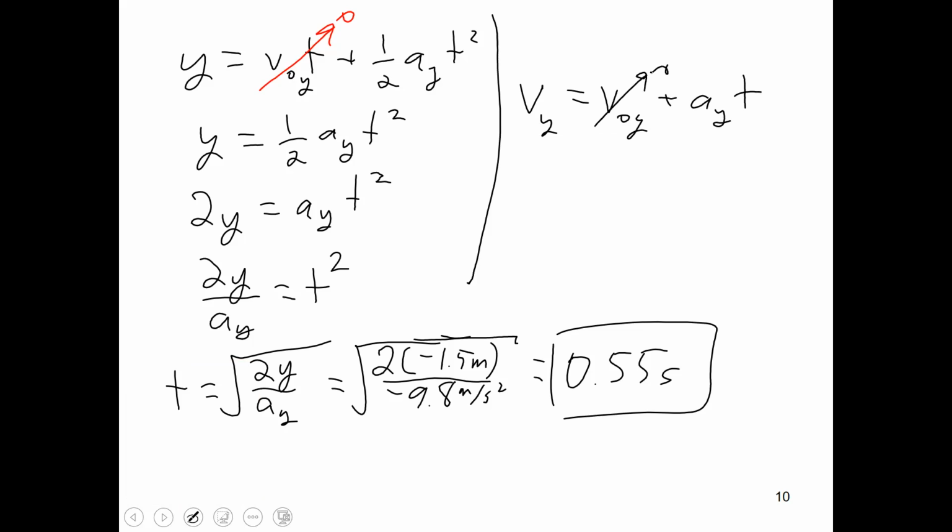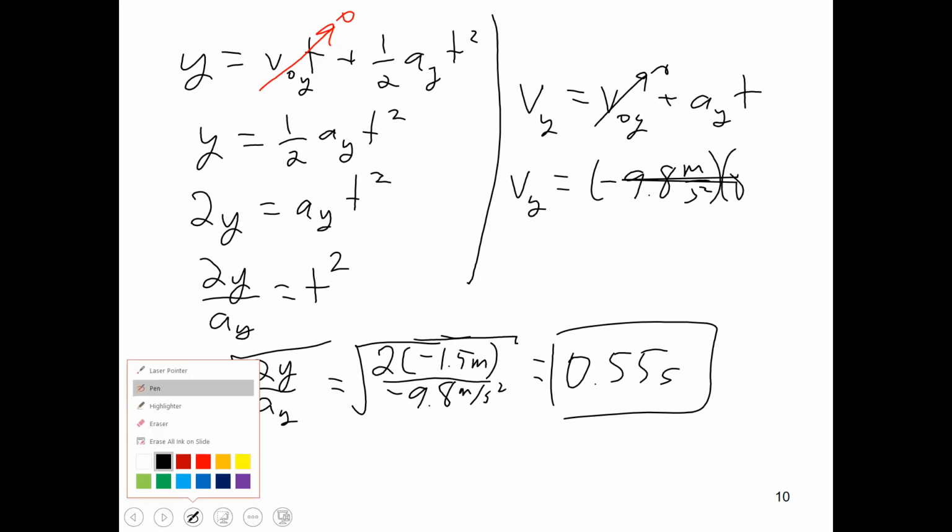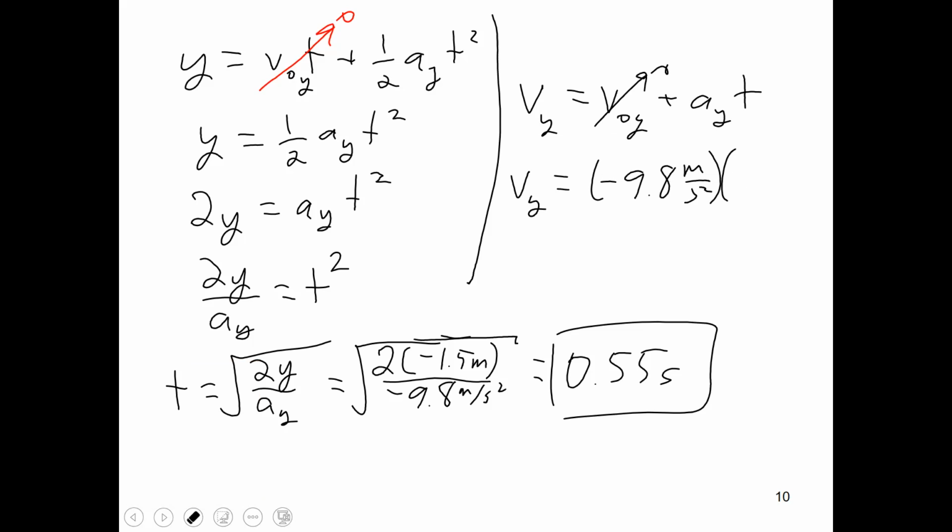The initial velocity is 0. This is negative 9.8 meters per second squared. I now have my time. The time is 0.55 seconds. And when I plug this in, I get a velocity in the y direction of negative 5.4 meters per second.